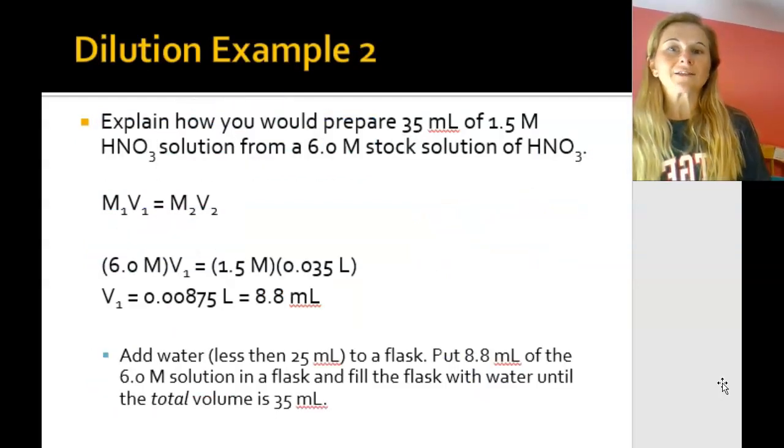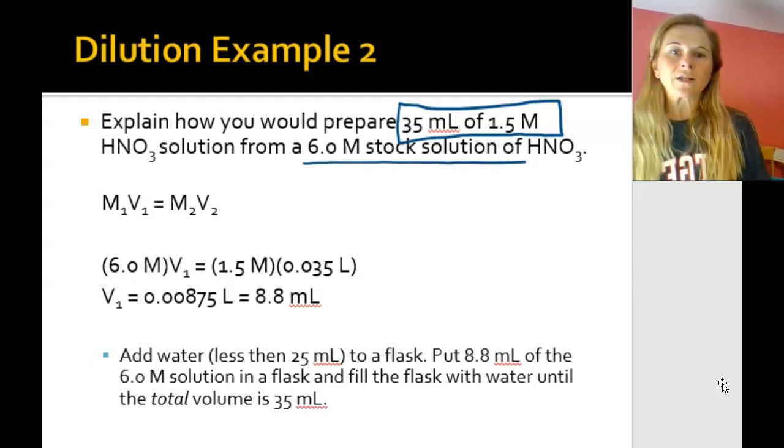Let's try a second problem. Explain how you would prepare 35 milliliters of a 1.5 molar nitric acid solution from a 6 molar stock solution. Okay, so when it talks about stock, that means that is our initial amount.